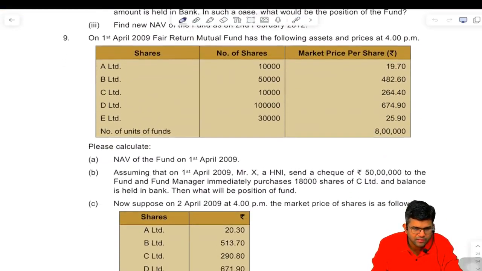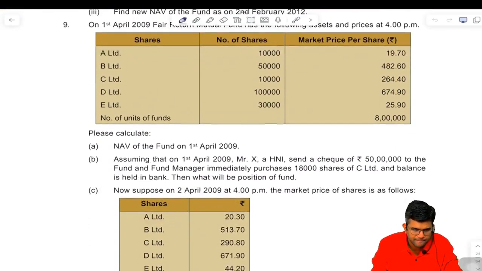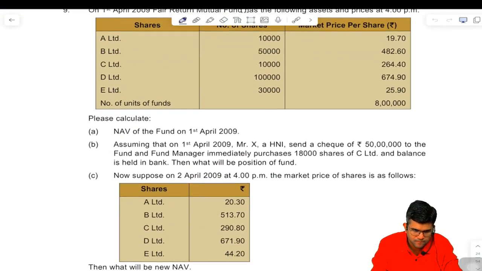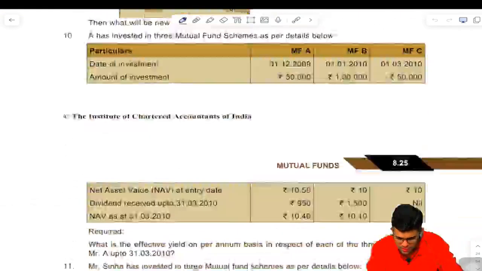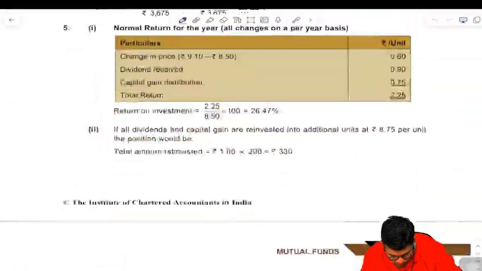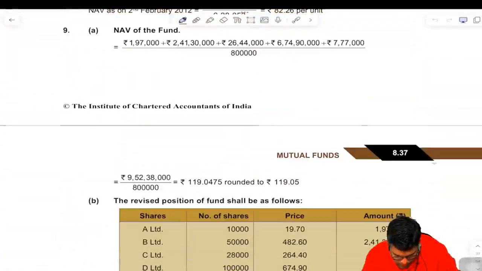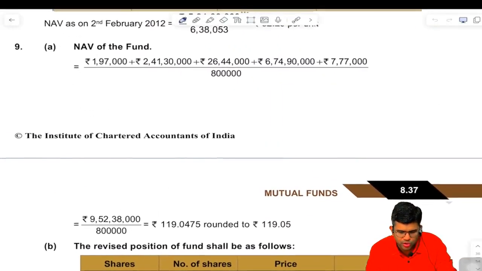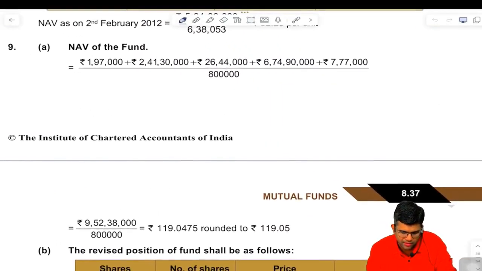Please check. The number is also same, market prices and all. So you see how ICAI in shortcut has done point number A. You did so much hard work. They have simply done straight away NAV 119.05.